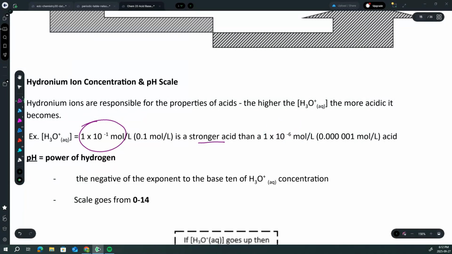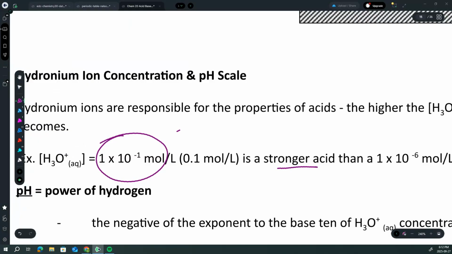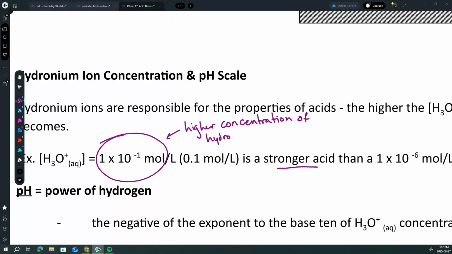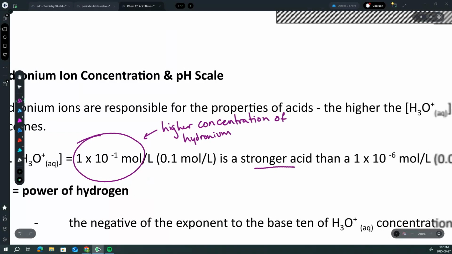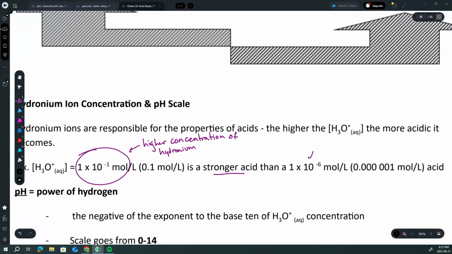So, higher concentration of hydronium versus this lower concentration of hydronium.